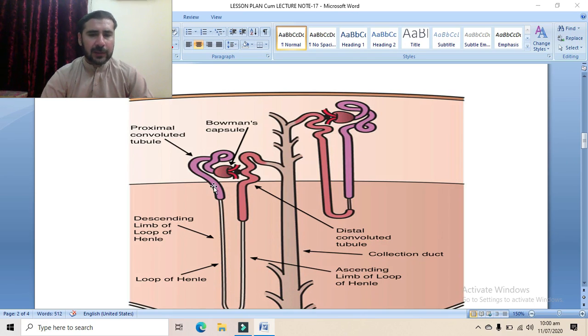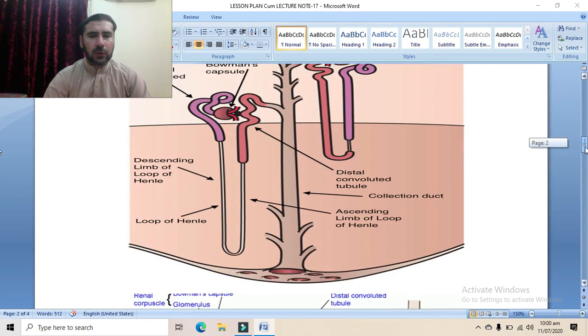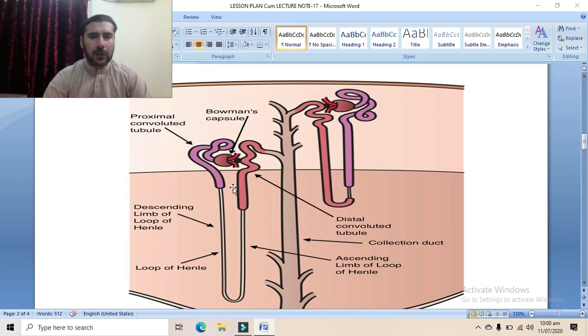capsule. Then it will move down. Now remember, this region is basically the cortex region, and this region is basically the medulla region. So the proximal convoluted tubule will move down and become narrow.